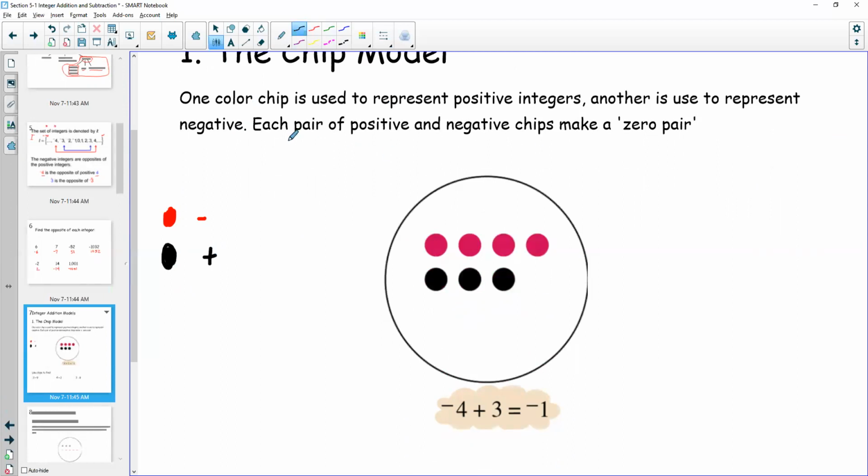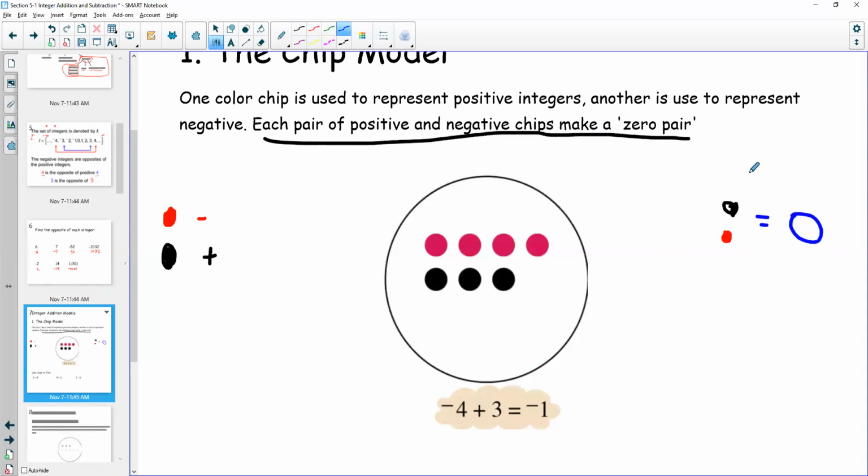The key to this is that each pair of positive and negative chips together make a 0. I'm going to say it again, just to make sure, because this is the key to this idea of a 0 pair. A positive chip, a black, which is a +1, plus a red, which is a -1, together make a 0.